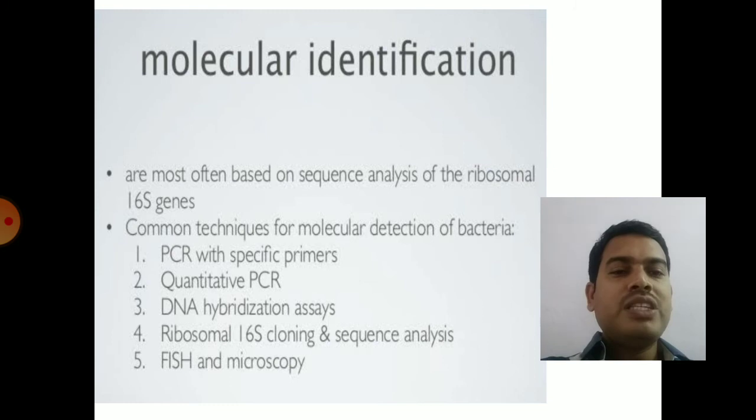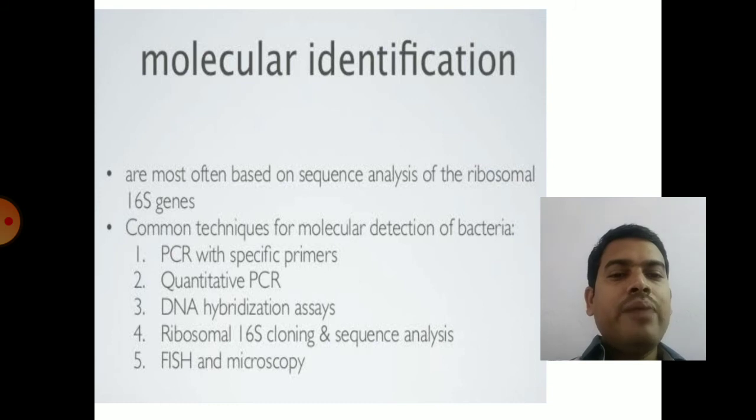With the help of these specific primers, you can amplify the DNA of the bacterial species. If amplification took place, you can identify the bacterial species. This identification can also be quantified with the help of quantitative PCR. So that is identification of bacteria based on the PCR technique.